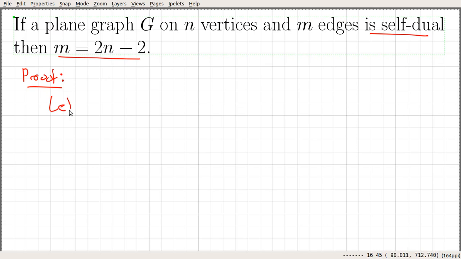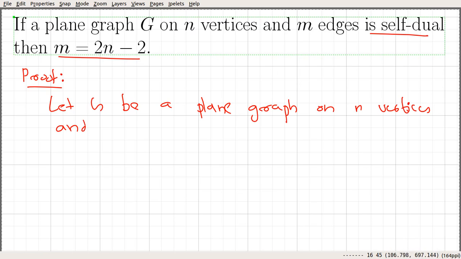So let G be a plane graph on n vertices and m edges, and let G star be the dual of G.